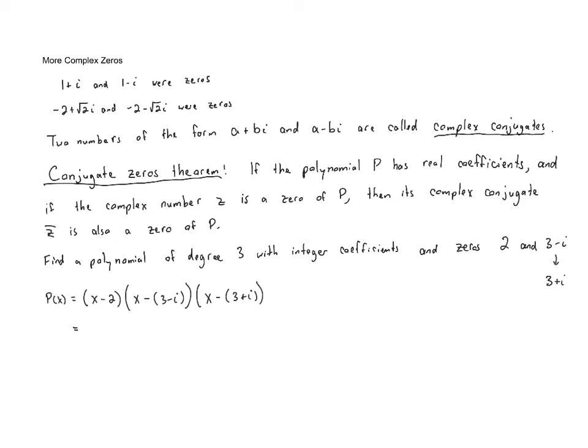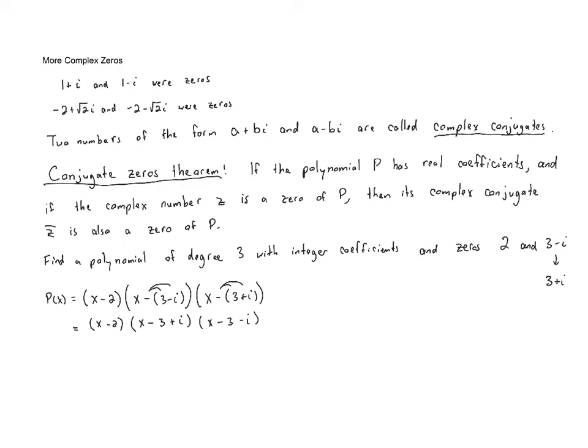Now, we can actually simplify the second and third of these factors if we distribute the subtractions. This gives us x minus 3 plus i times x minus 3 minus i.